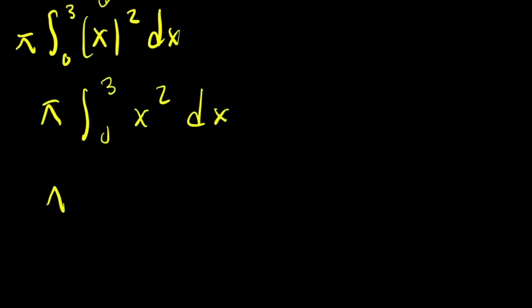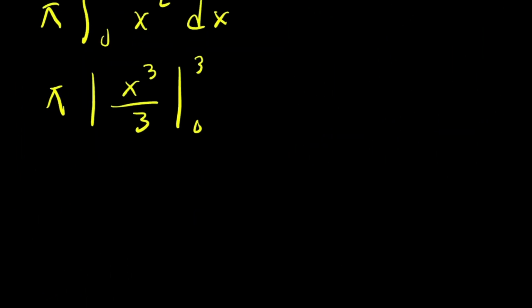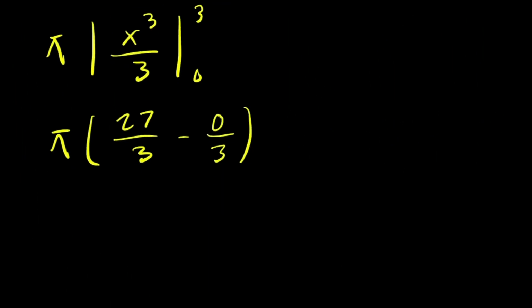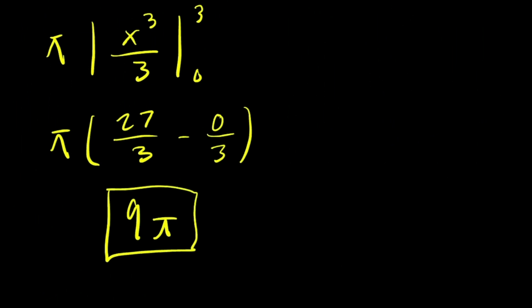The integral of x squared is x cubed over 3, right? Because that's chain rule reversed, and those are our bounds. So that equals pi times 3 cubed, which is 27 over 3, minus 0 over 3, which is just 0. 27 thirds equals 9 times pi, and we get our answer.